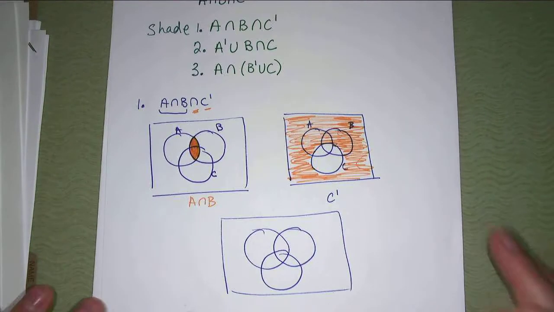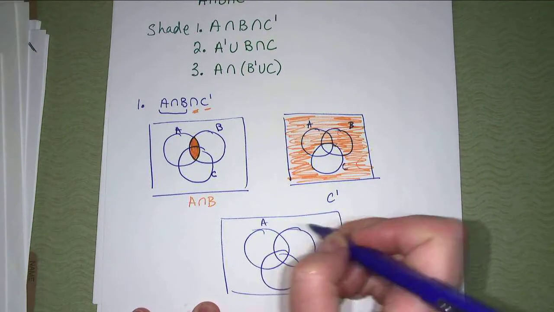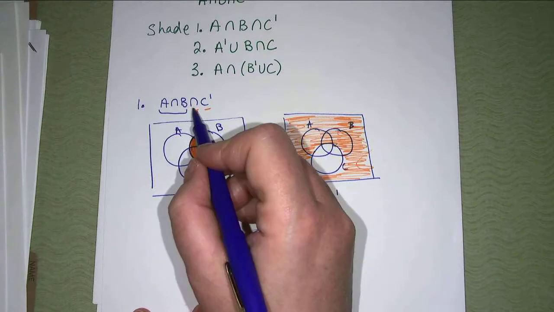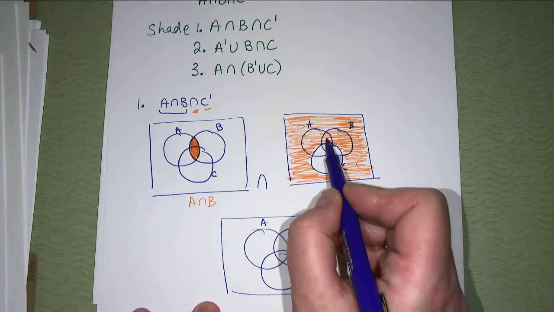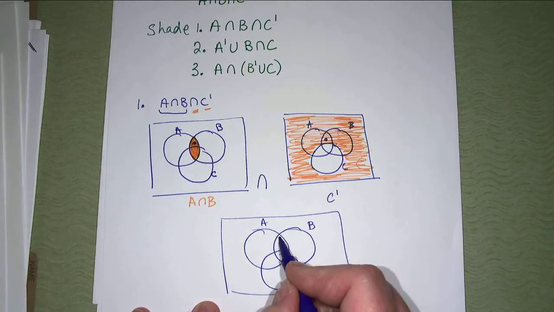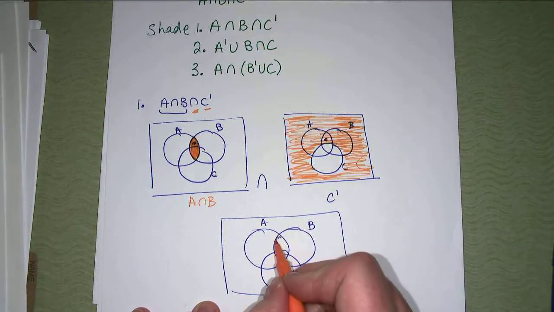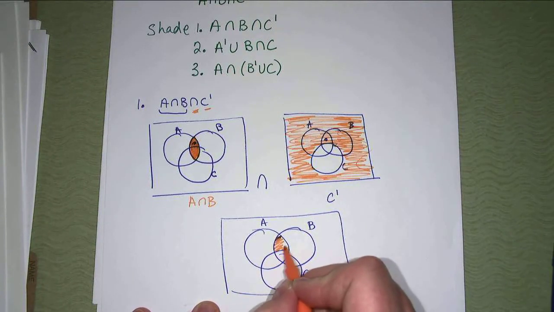There. A, B, C. So intersection means both. So they're both colored here. And is that it?